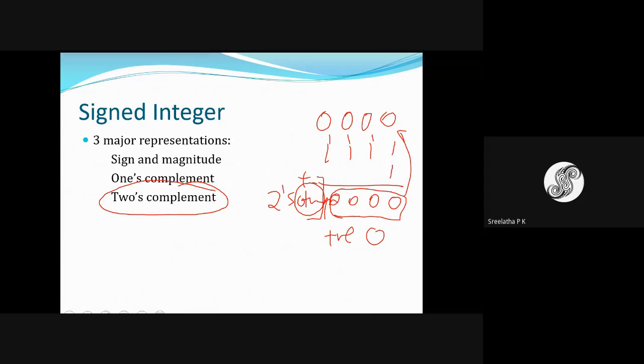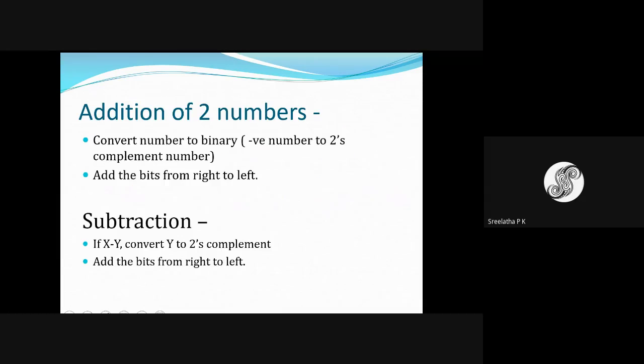And hence 2's complement is preferred and used in systems. These circuits are easier to build. Whereas sign and magnitude or 1's complement can also be used in the system, but circuit building will be a little tougher. It means more gates have to be used for that circuit building. Hence 2's complement is used.